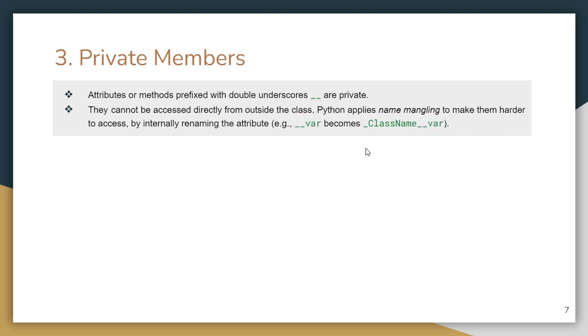They cannot be accessed directly from outside the class. Python applies name mangling to make them harder to access by internally renaming the attribute. Example, __var becomes _ClassName__var.